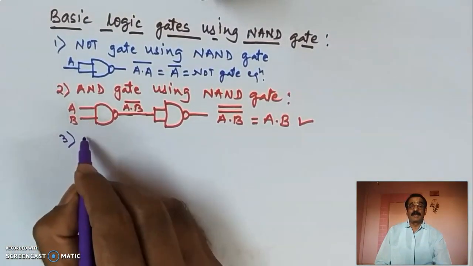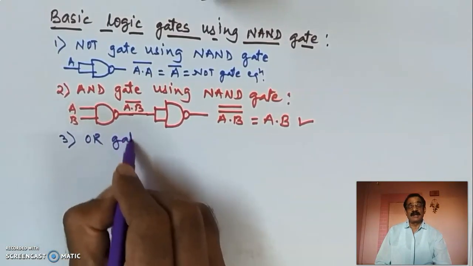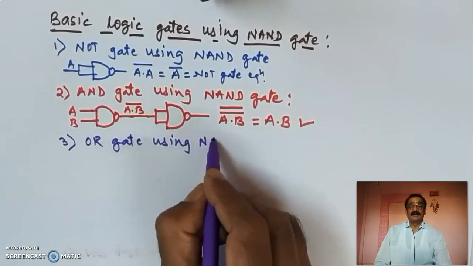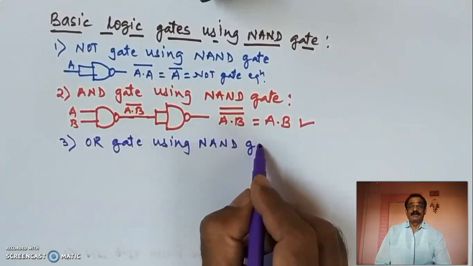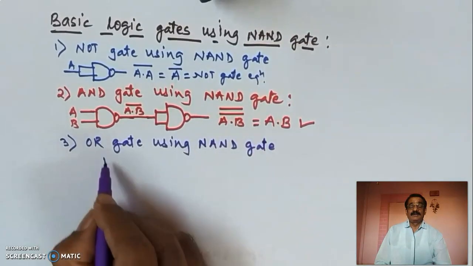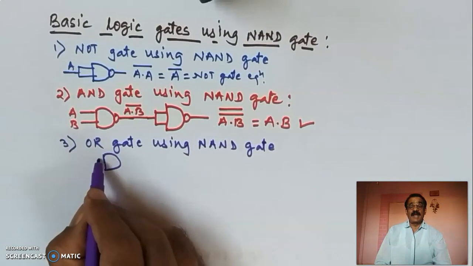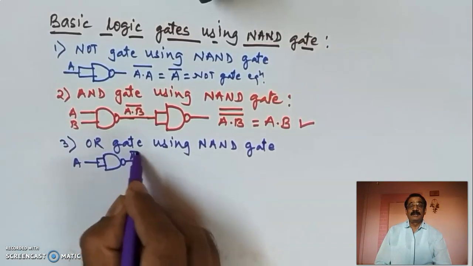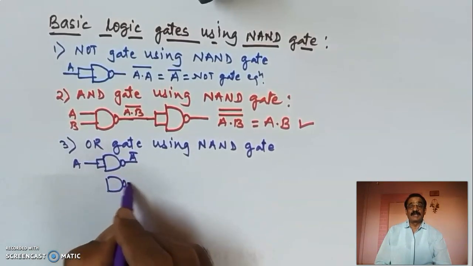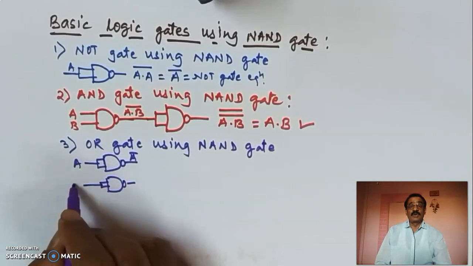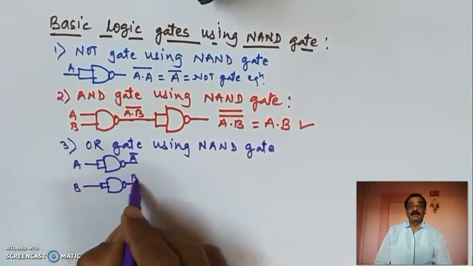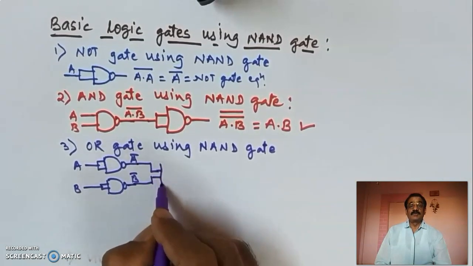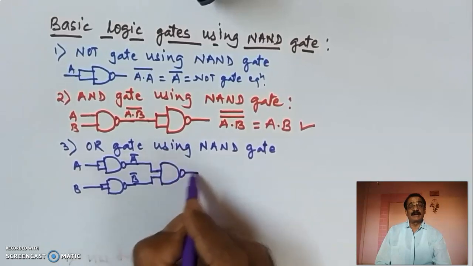And last, construction of the OR gate using the NAND gate. To make the OR gate, first take the complement of both inputs A and B using NOT gates constructed using the NAND gate, and then both inputs are applied to the NAND gate again.